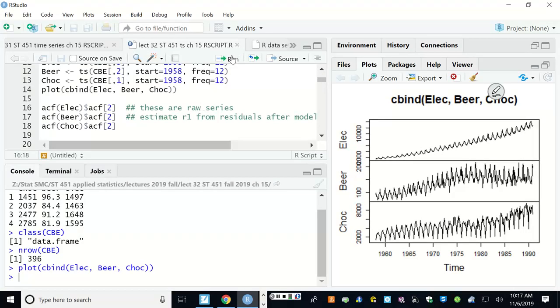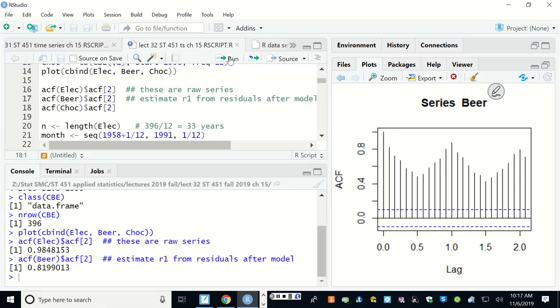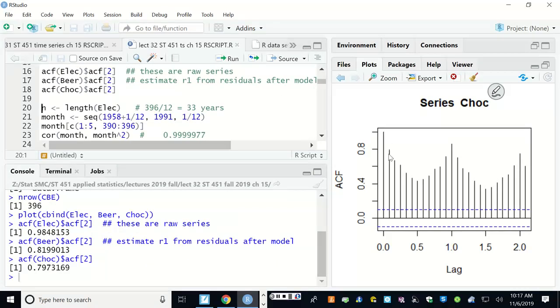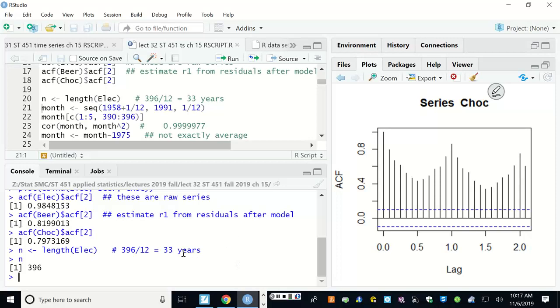But anyway, when it's that highly correlated over time, both because of the autocorrelation and also this changing trend in the raw series, it stands out pretty big, right? The second correlation here is pretty big. There are 396 observations, so this goes for 33 years.